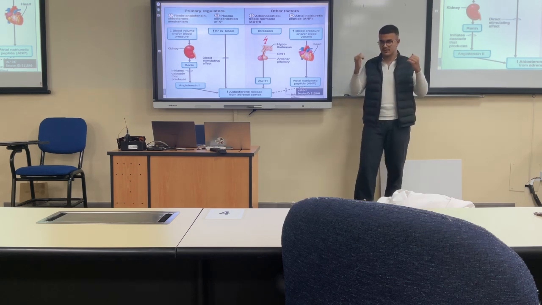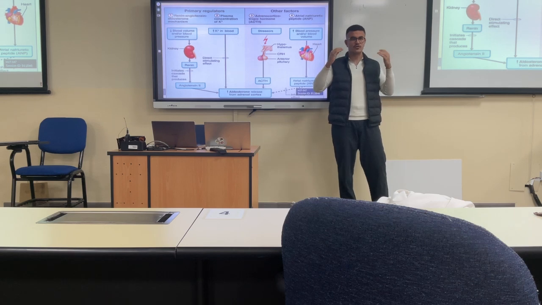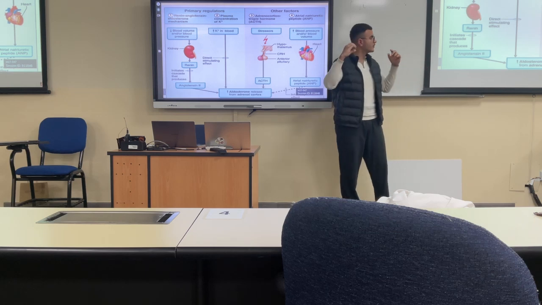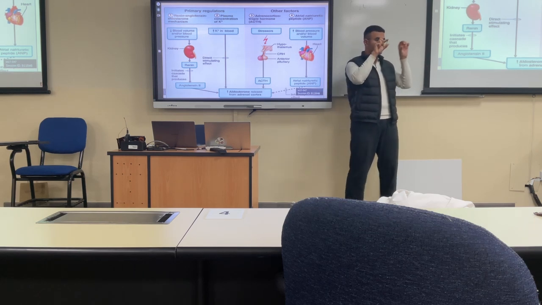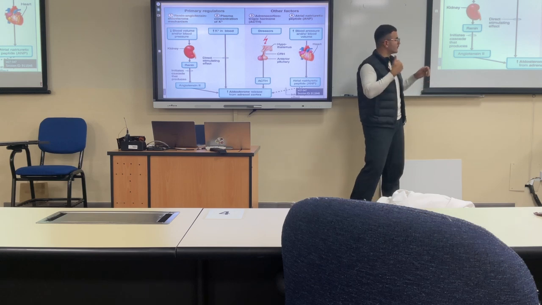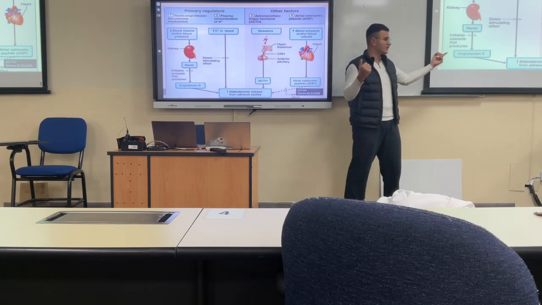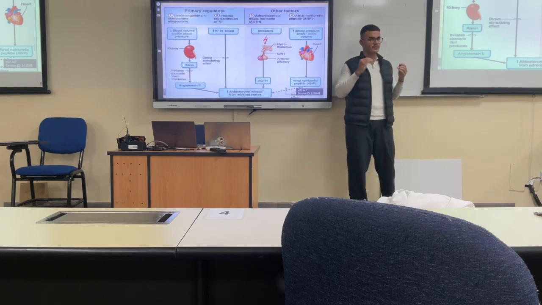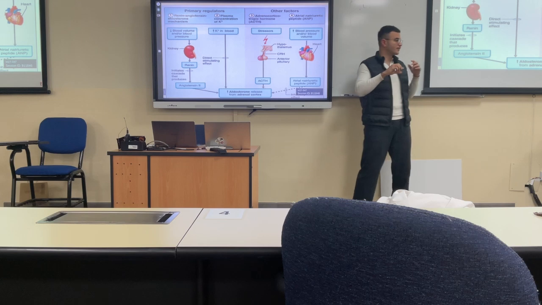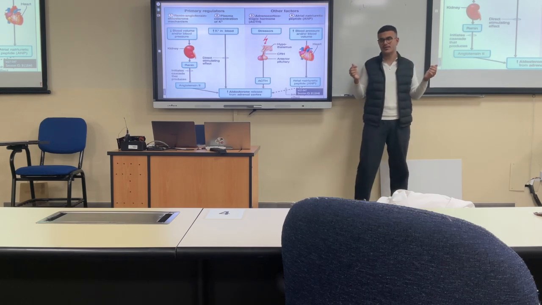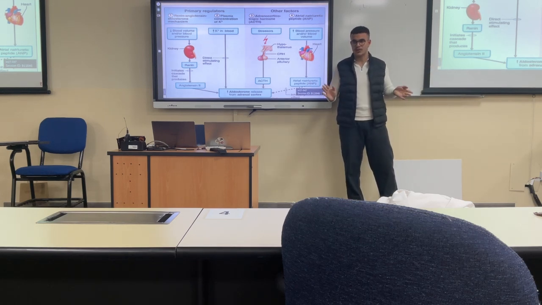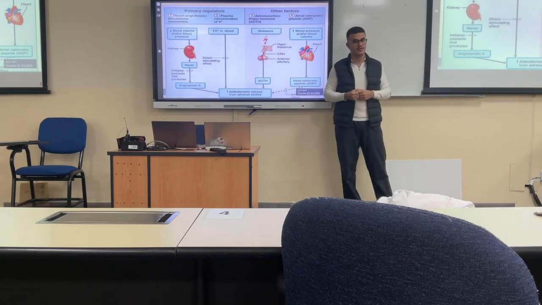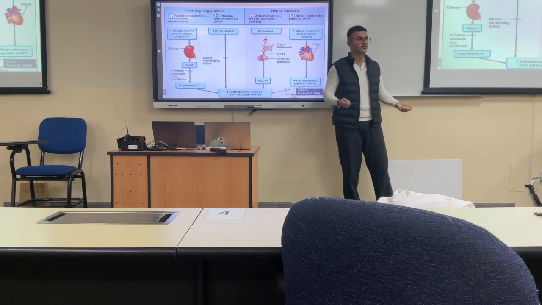But during severe stress, or rather during very high amounts of ACTH, you need very, very high amounts of ACTH, it could have some effect on the zona glomerulosa of the cortex and cause it to directly stimulate aldosterone secretion. Okay? That's why it's not primary, because you need very high levels of ACTH in order for the zona glomerulosa to be a little stimulated and secrete aldosterone. Okay? So these 3 mechanisms help secrete aldosterone.